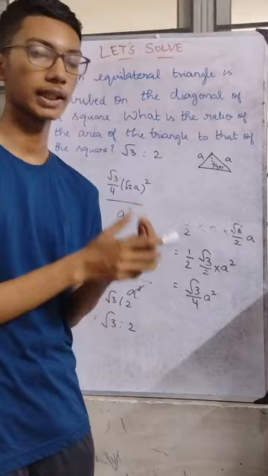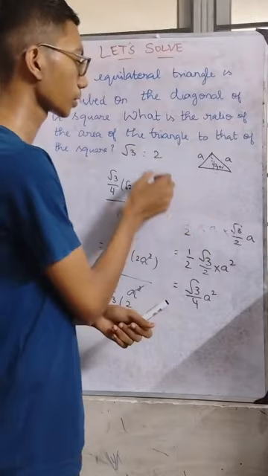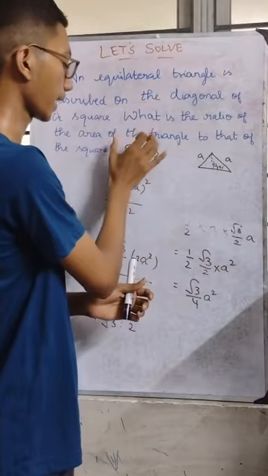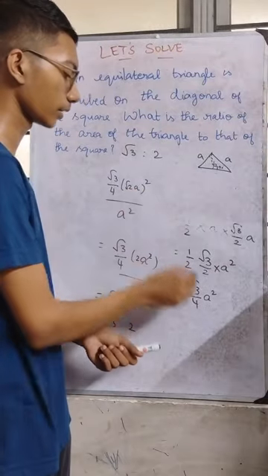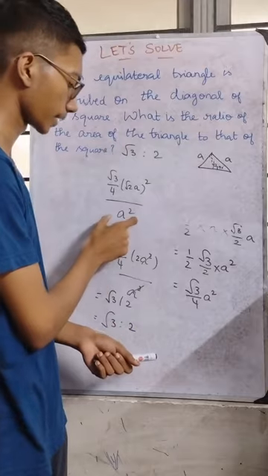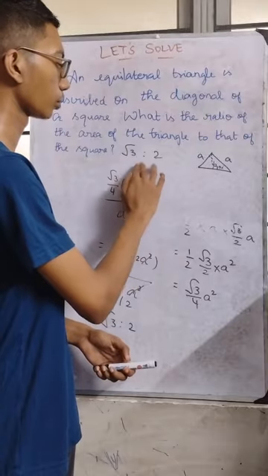Then we calculated the side of the triangle, which is the diagonal of the square, root 2 a. Next we found the area of the triangle by substituting root 2 a in place of a. Then we took the area of the square, which is a square. Finally we took the ratio and got root 3 is to 2.